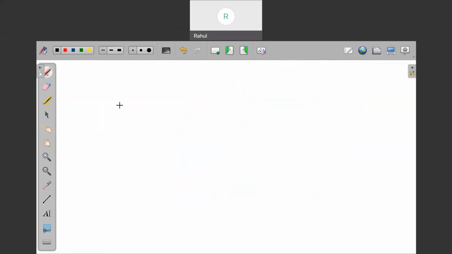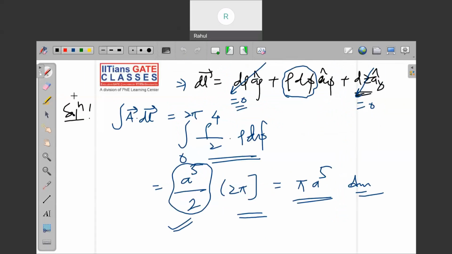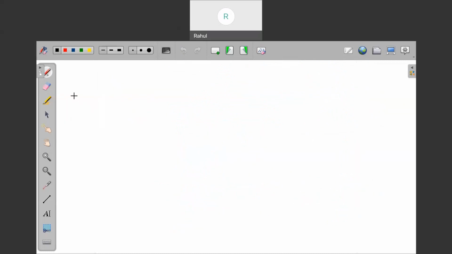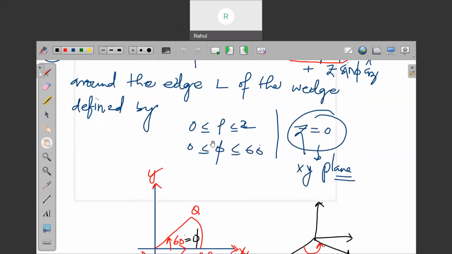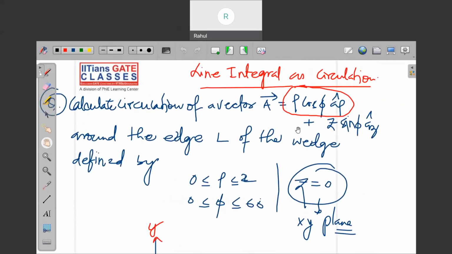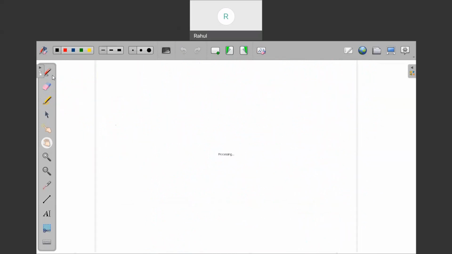So what we are going to do here is, let me take a different page. We have to consider this, so a vector we have to write and directly integrate. Let me go to the next page.